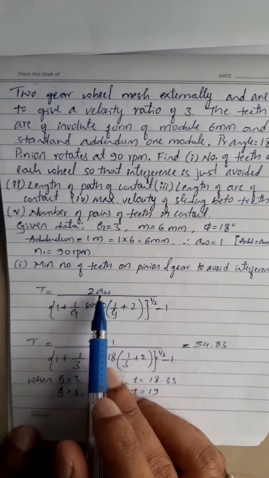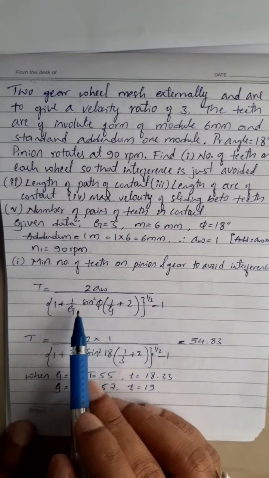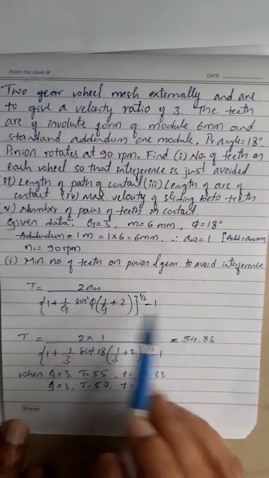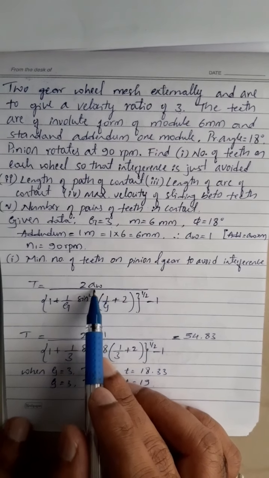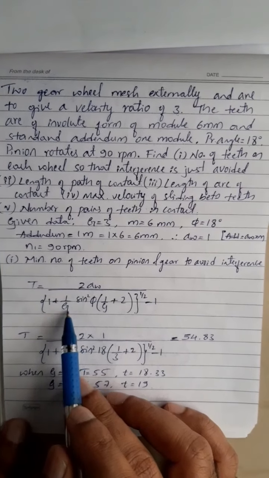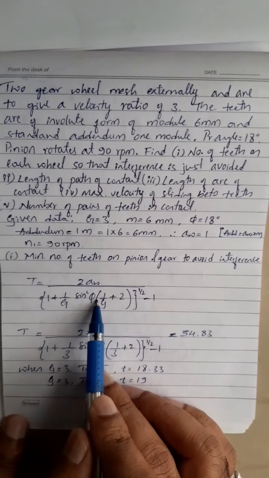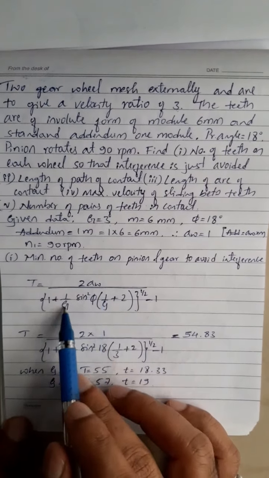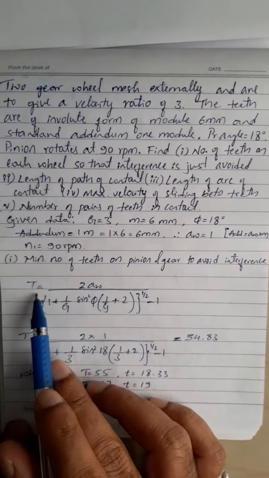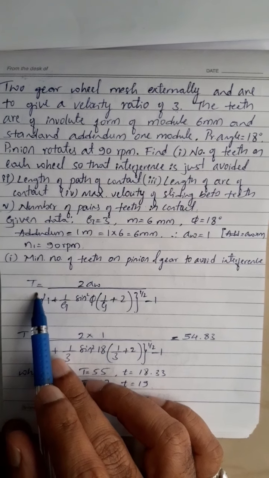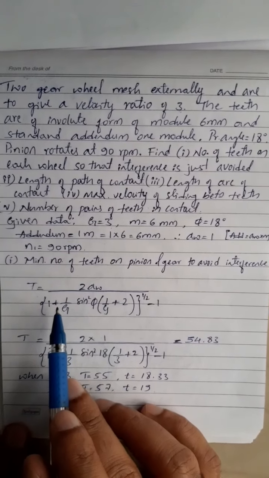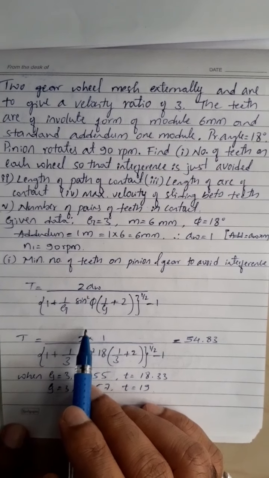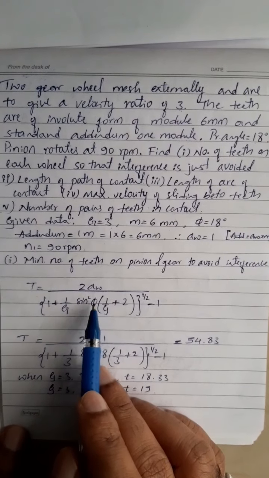Capital T is equal to 2 into addendum constant, and so on. The parameters in this equation are addendum constant, gear ratio, and pressure angle. If we know these three parameters, then we can find the minimum number of teeth required on the gear to avoid the interference. So we know all those parameters, so directly we'll substitute those in the above equation.